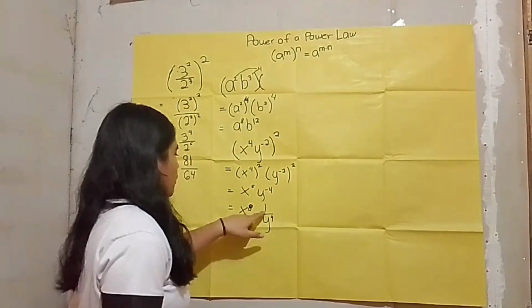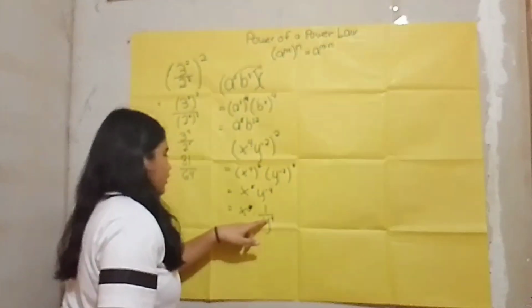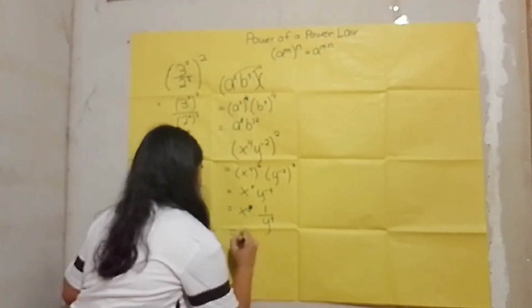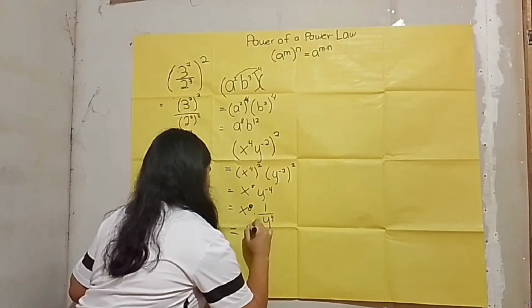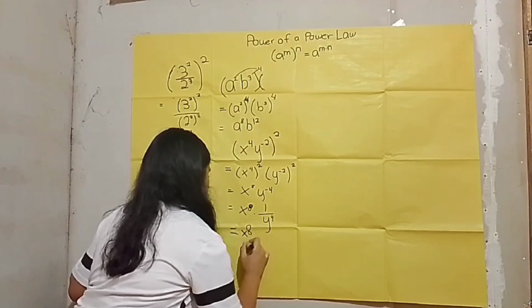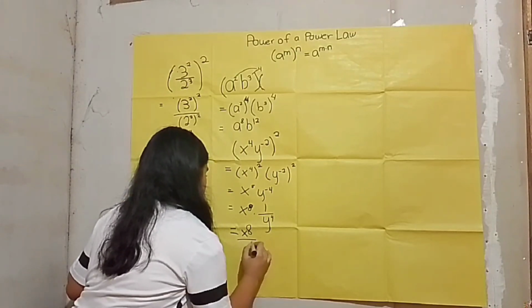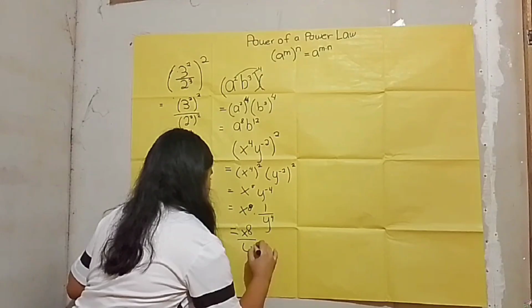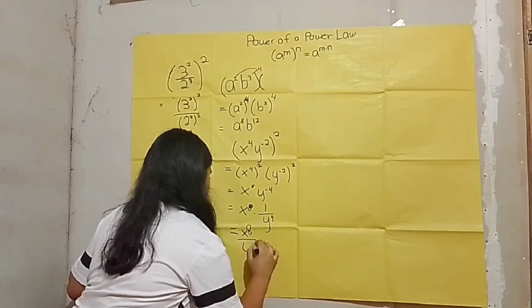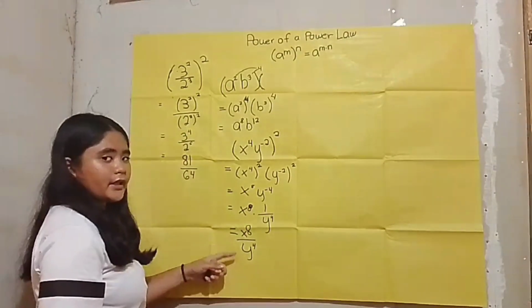Multiply it by 1 over y to the power of 4. So we get x to the power of 8 over y to the power of 4. So, this is the final answer.